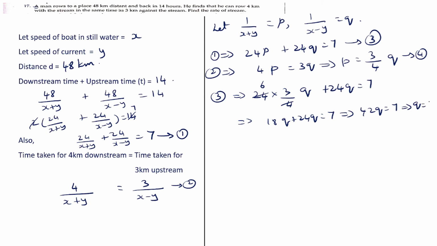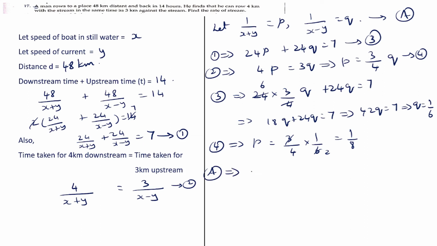We get q as 7 by 42, it is 1 by 6. And from equation 4, we get p is equal to 3 by 4 into 1 by 6, it is 1 by 8. Let us take this as a.